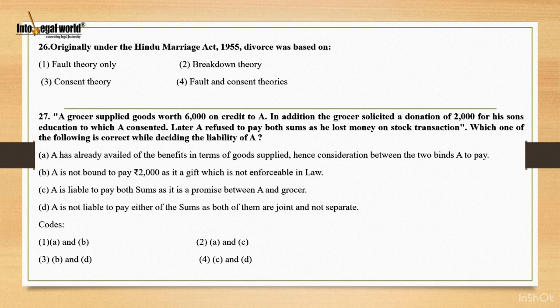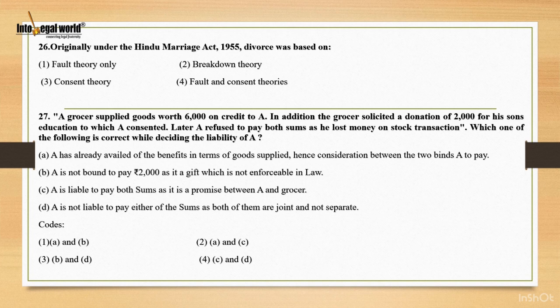Hence, consideration between the two binds A to pay. B. A is not bound to pay 2,000 as it is a gift which is not enforceable in law. Option C. A is liable to pay both sums as it is promised between A and the grocer. D. A is not liable to pay either sum as both of them are joint and not separate. So the correct option is option A and C.